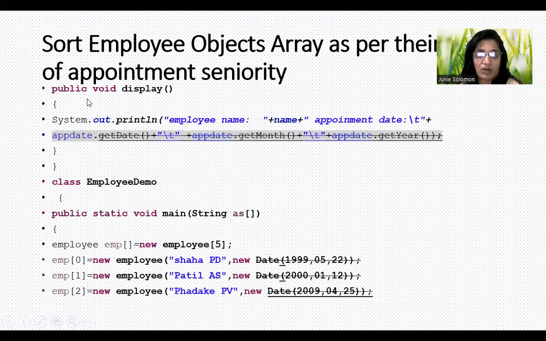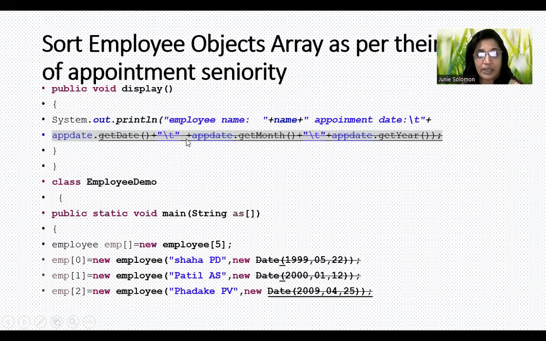Now in the display function, whoever calls it will display the employee name as well as the appointment date. But I don't want the appointment date as an object, so I need to extract it as date, month and year. The object is app date, and there are functions like getDate, which gets you only the date.